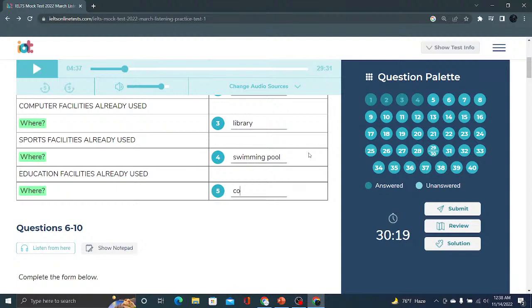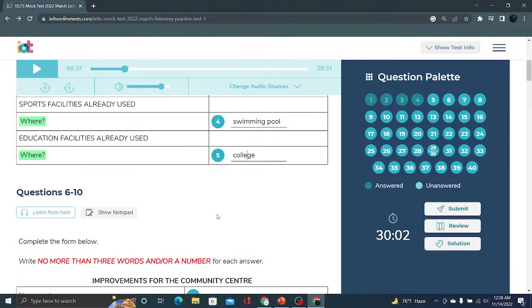Okay, college. Oh no, it's not A, it's E. Further education. You can also write Further Education College, or just college.